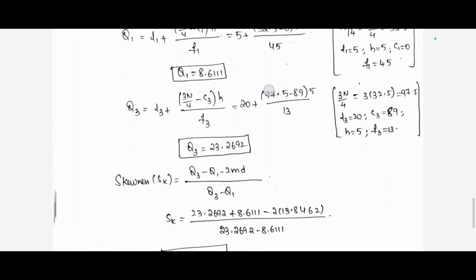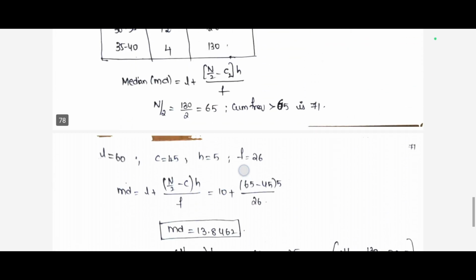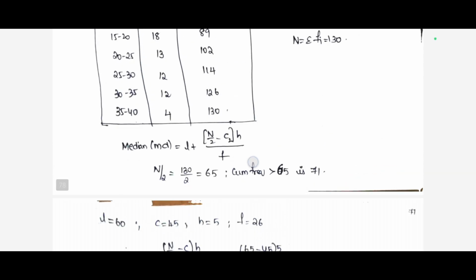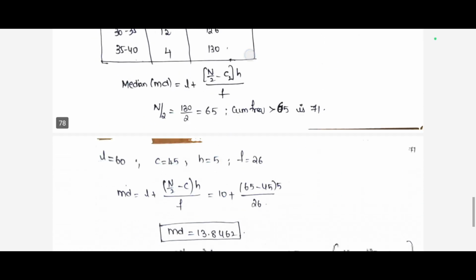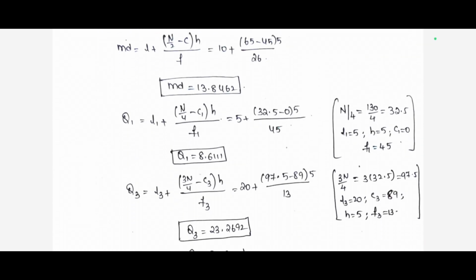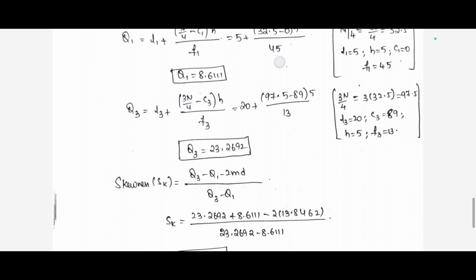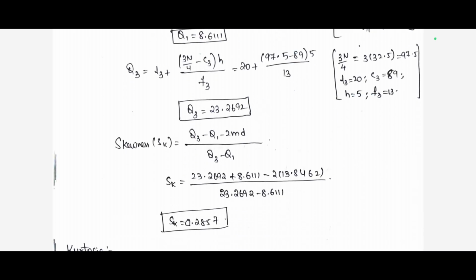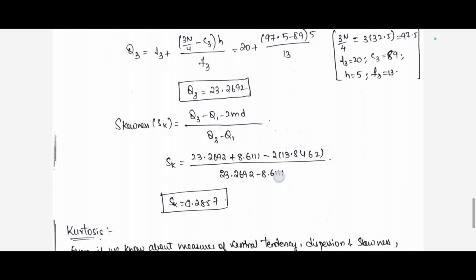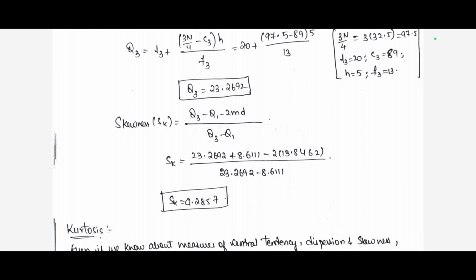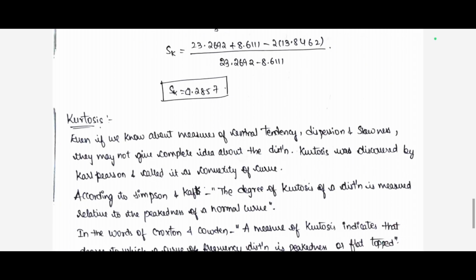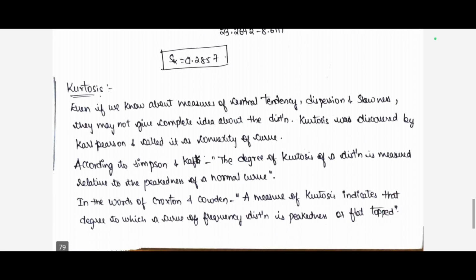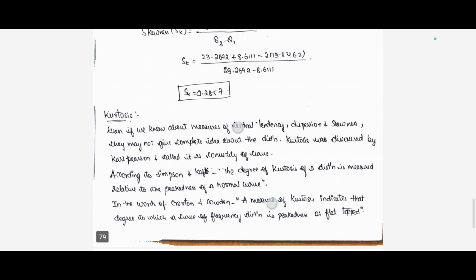There is no need to do the standard deviation again here; just use the Q1, Q2, Q3 values. So we prepare the value, and we got 0.2857.